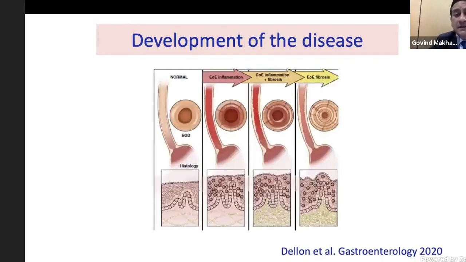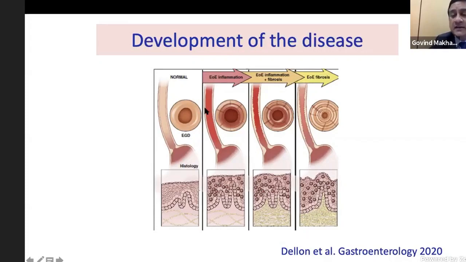So how does this disease develop? There are multiple phases, and we call them three important phases. First is the phase of inflammation, where the eosinophils infiltrate the esophageal mucosa and lead to cytokine release, and that leads to inflammation in the esophageal mucosa, and there will be loss of vascular pattern here.